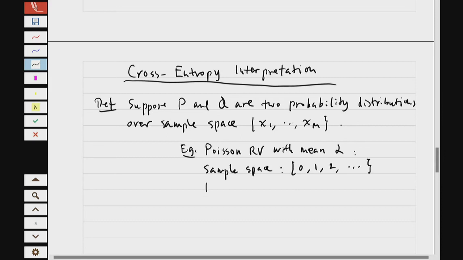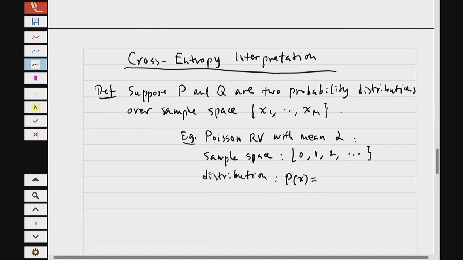But more importantly, what is the distribution of a Poisson random variable, P of x? Does anyone remember it?